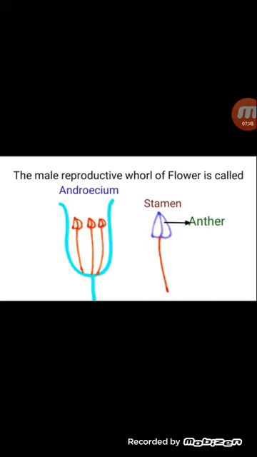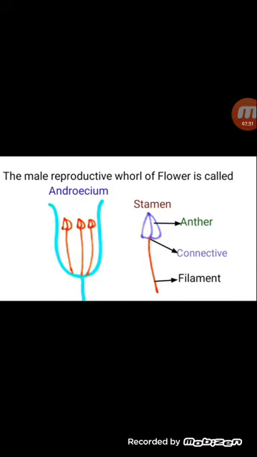It is made up of anther, connective and filament. So stamen is made up of anther, connective and filament. As I'm taking you through the slides, you should be able to learn it, try to revise in your mind and store in your brain.